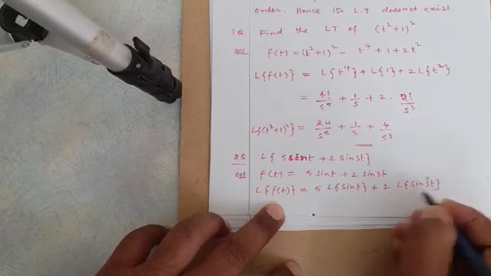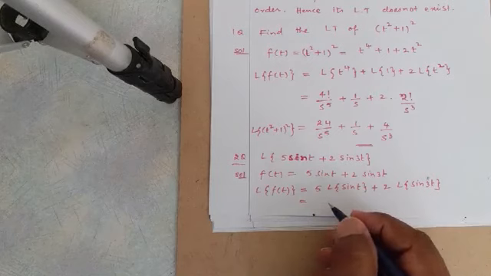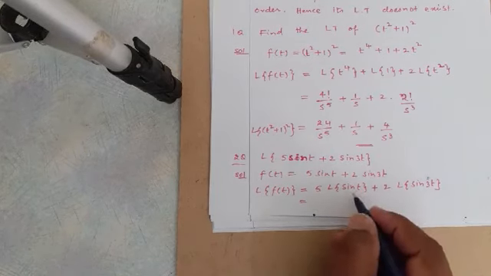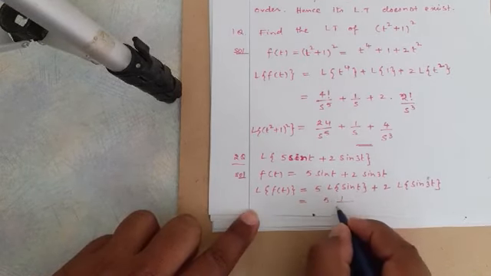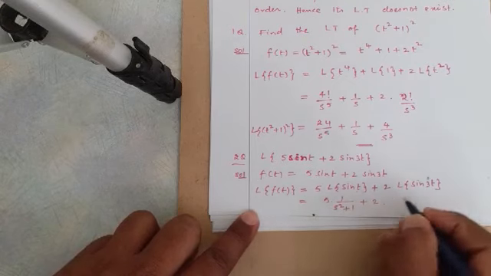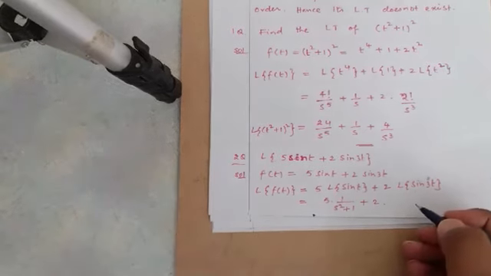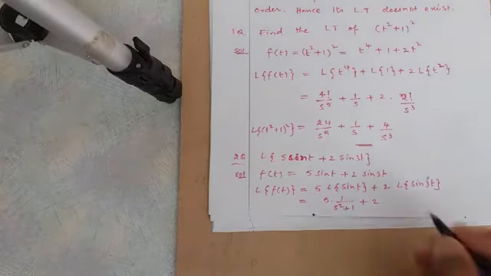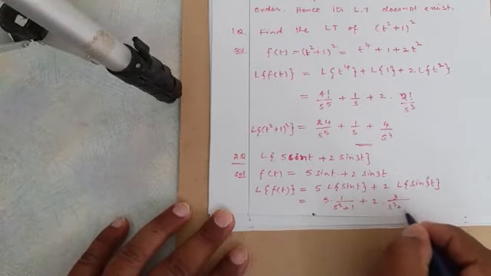Then when you apply the formula, Laplace of sin at is a upon s square plus a square. A is 1 here, so I can write 5 into 1 upon s square plus 1, plus 2 into, again using Laplace of sin at, which is a upon s square plus a square, 3 upon s square plus 3 square.